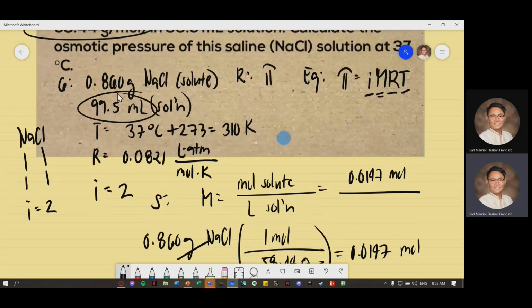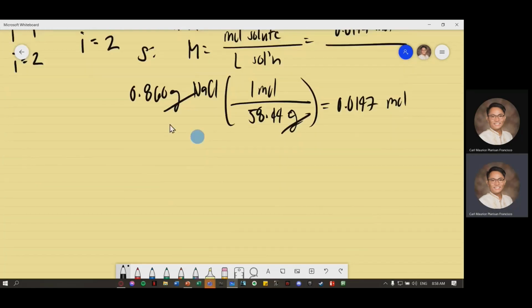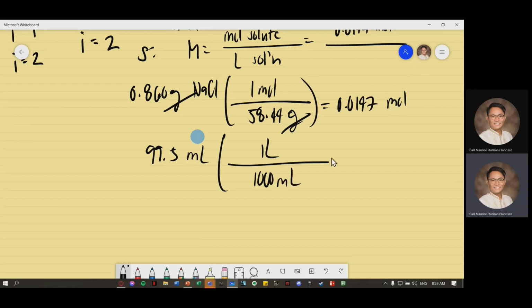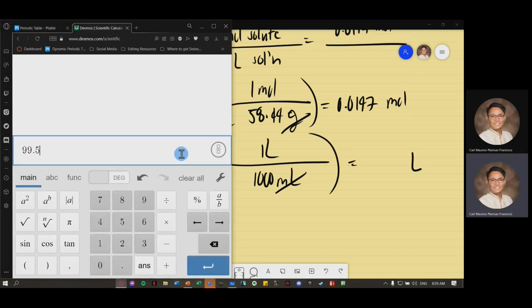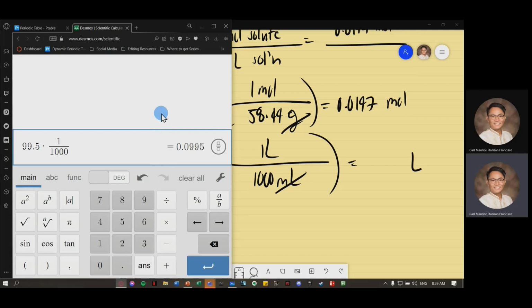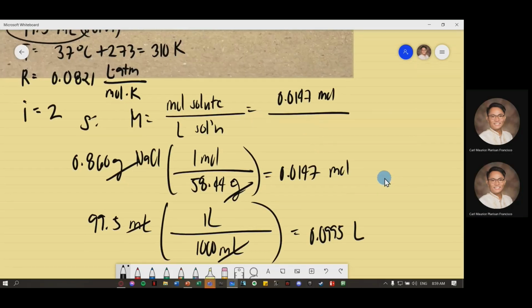However, what we have here is milliliter. 99.5 milliliter. Convert it into liter. 1 liter all over 1,000 milliliter. Cancel. What we have now is unit liter. 99.5 times 1 all over 1,000. We have 0.0995 liters.